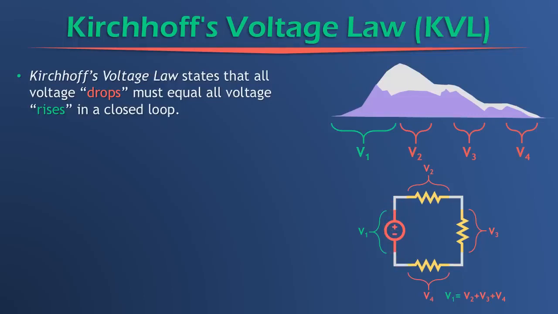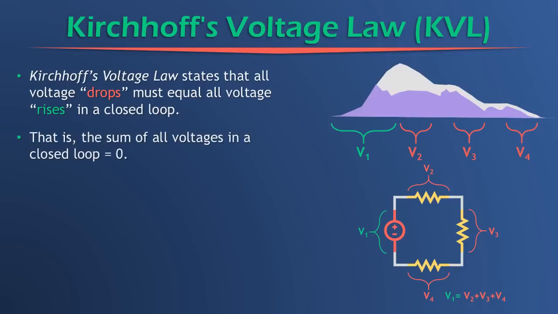So we said that the drops must equal the rises, right? That is, the sum of all voltages in a closed loop equals 0. That's another way of saying that.